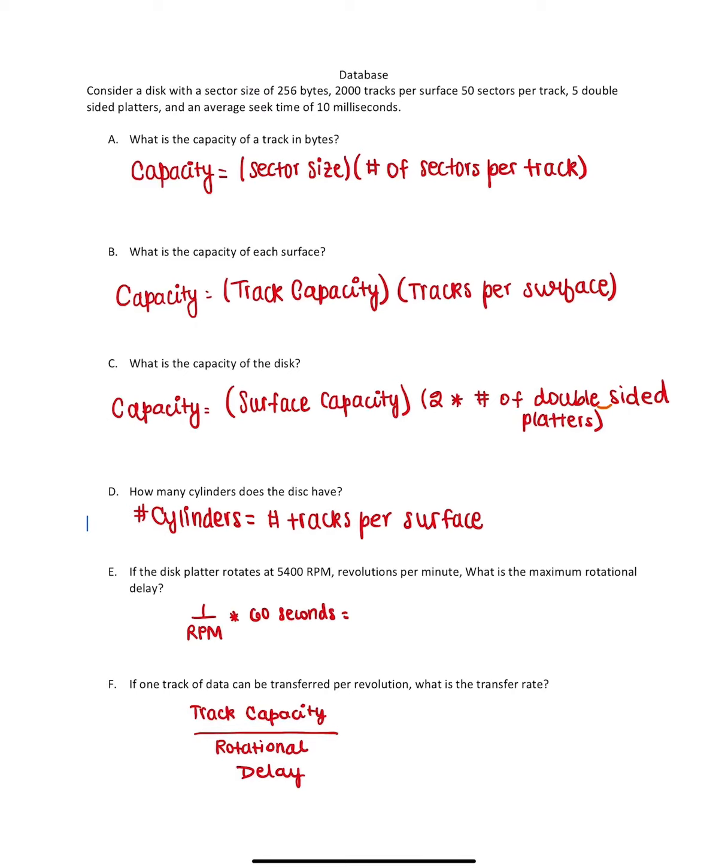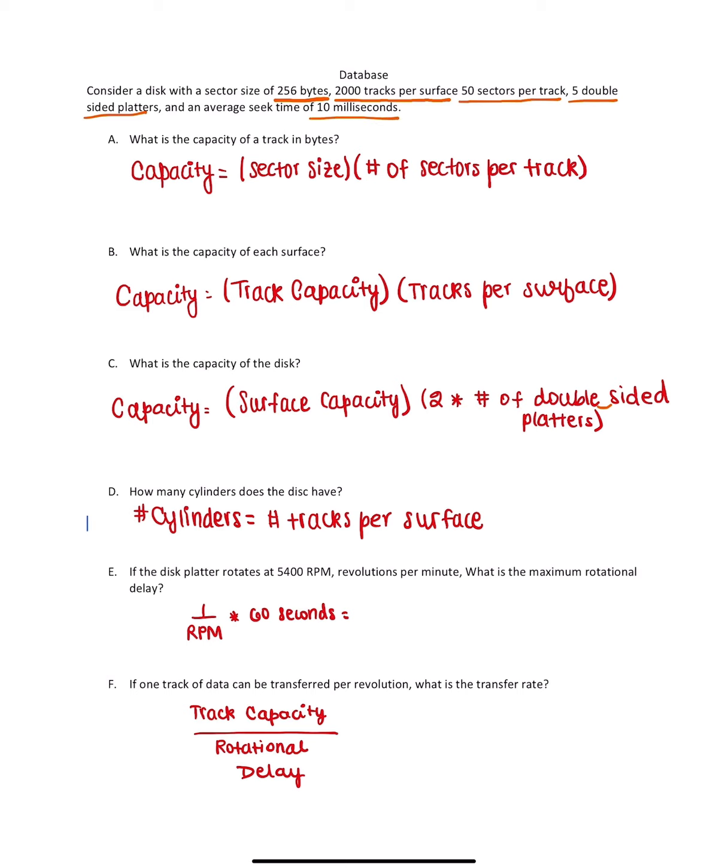Okay, let's take a look at this question, which says, consider a disk with a sector size of 256 bytes, 2,000 tracks per surface, 50 sectors per track, and 5 double-sided platters, and an average seek time of 10 milliseconds.